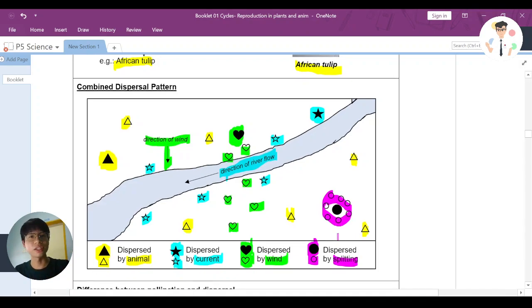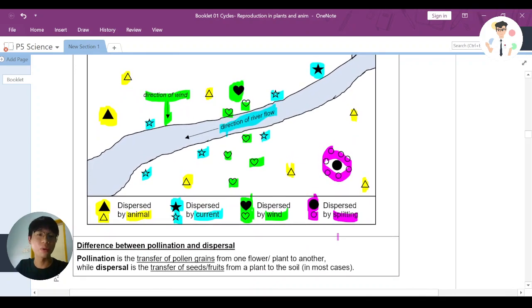And before I move on, I just want to do a quick reminder again of the difference between pollination and dispersal. Why I'm mentioning this is because students always get confused with pollination and dispersal, especially when it comes to wind because it's very similar. Okay, so again, just a reminder, pollination happens in the first stage.